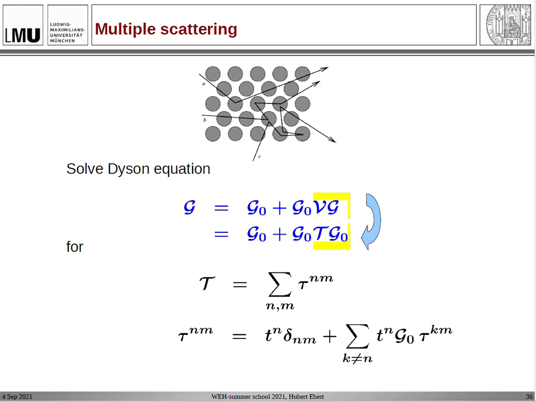And inserting this into the expression here, you are immediately led to that equation of motion for the scattering path operator. And that means if you are able to solve this equation, then we can go back and we have a solution to that equation. That's the idea at the end.